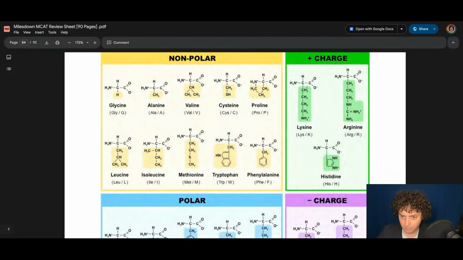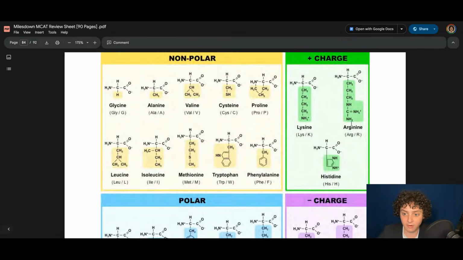Lysine has this R group with 1, 2, 3, 4 carbons, all of them with their correct amount of hydrogens, which would be 2 for each because they each have 2 bonds to other carbons. And then at the end of those 4 carbons comes an NH3 plus group, much like the one that is found on the amino acid backbone in the amino group. So that is lysine's R group.